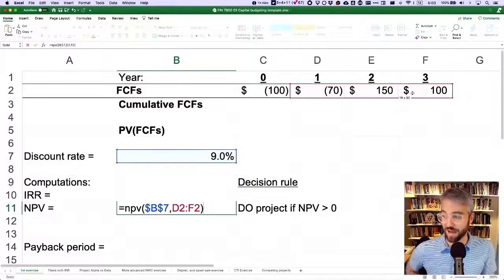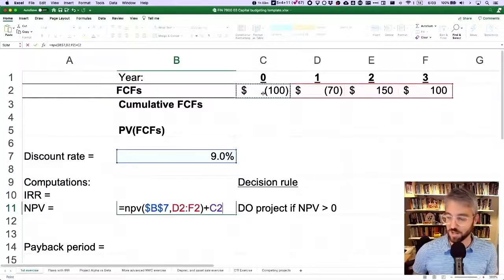And now, having added together the present values of all of the future cash flows, I'm still going to need to add in the present value of the cash flow at time 0, which doesn't require any discounting because it happens today. So I'm going to add that in. You could do that before or after the NPV with the plus, but you do need to add in that cash flow.